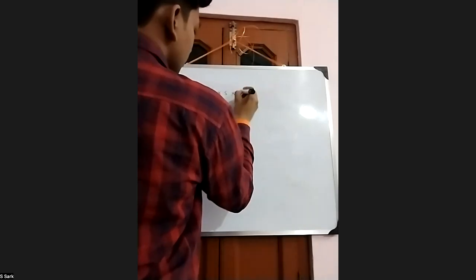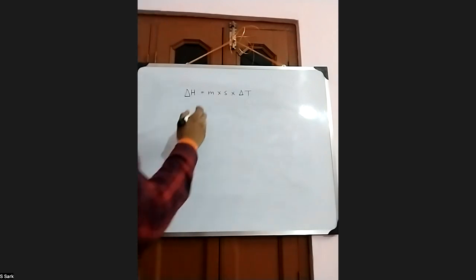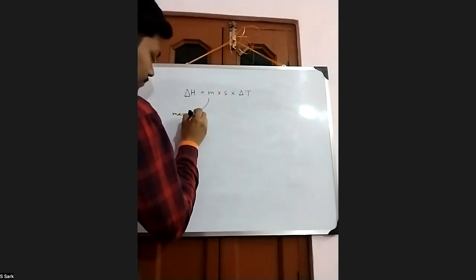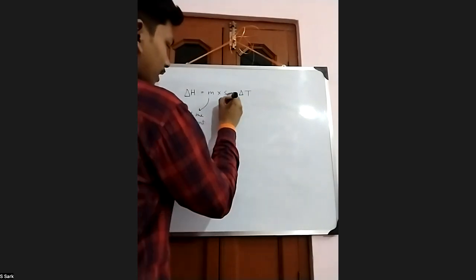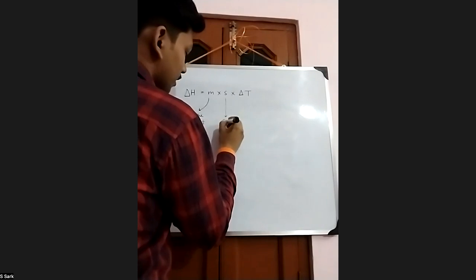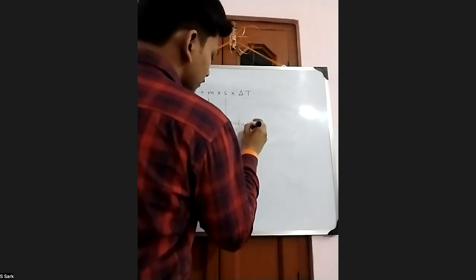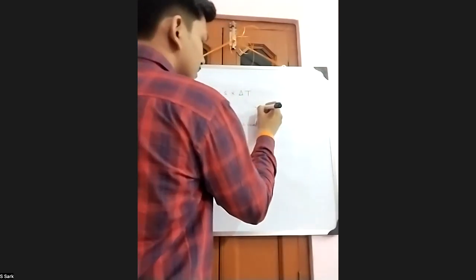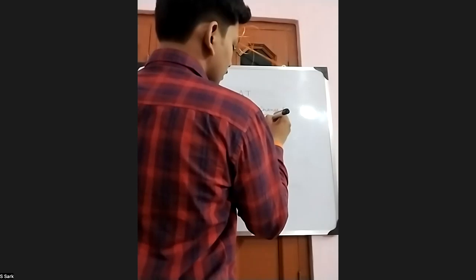In this case, the equation is del H equals m into S into del T, where m is the mass of the reactant, and S is the specific heat of the product, and del T is the change in temperature. So by this equation, we can calculate the change in enthalpy experimentally.